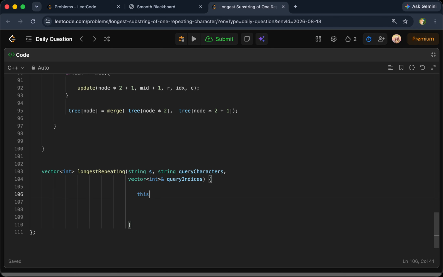This, s is equal to s and n is equal to s dot size. Tree dot size is 4 into n.